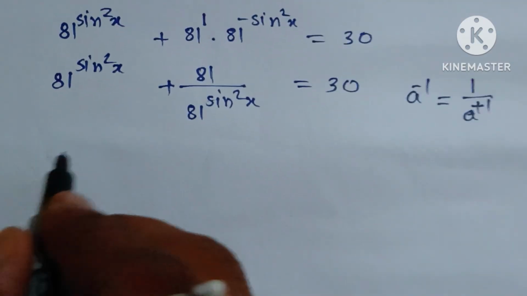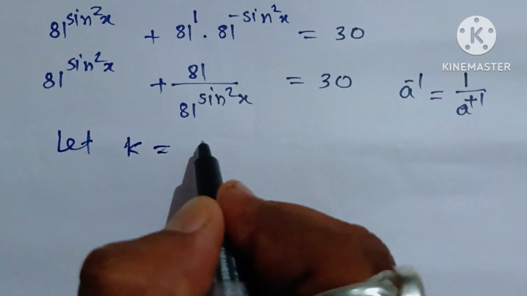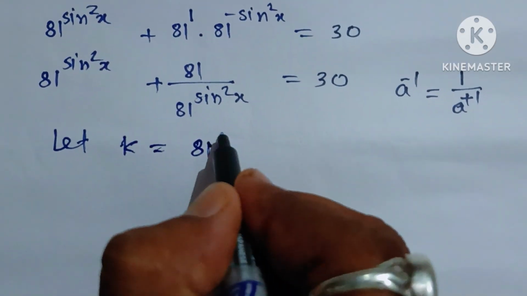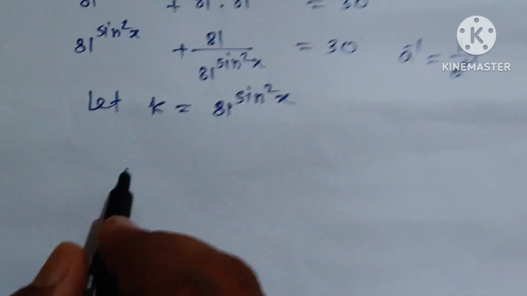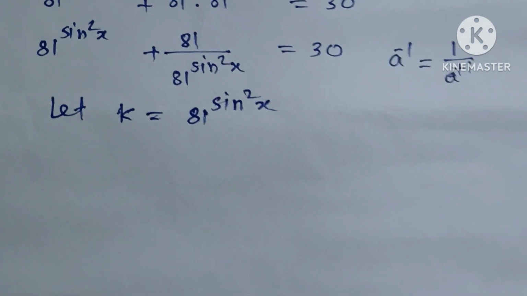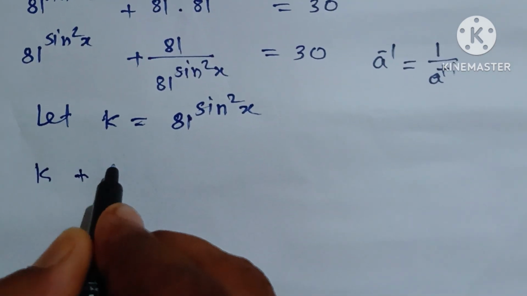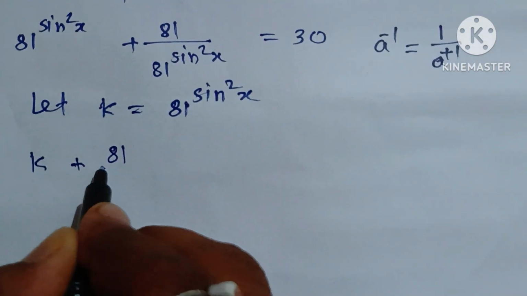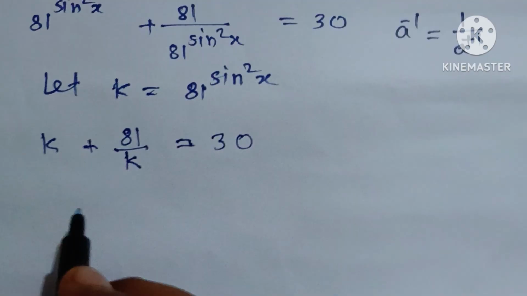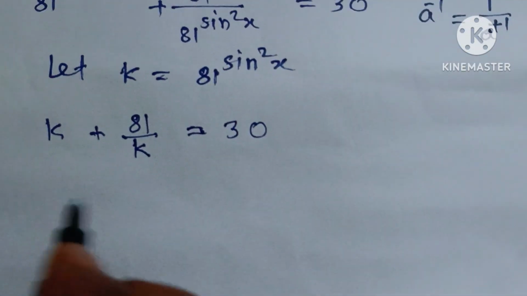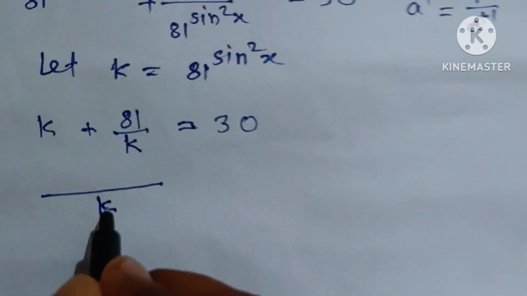Now let k equal 81 raised to the power sin²x. So we can put k in place of 81 to the power sin²x. So we can write k plus 81 upon k equal to 30. Now we take the LCM, which is k.